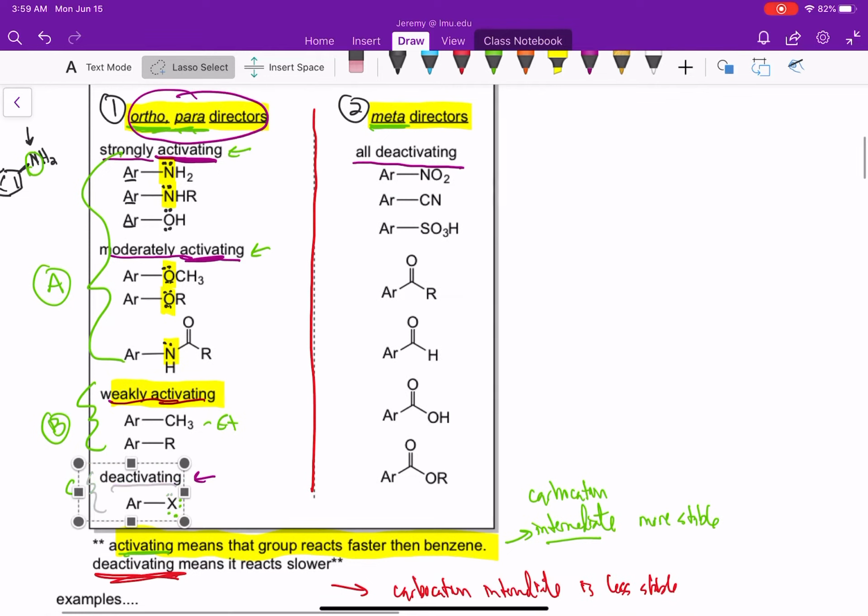On the right side, here we have our meta-directors. Okay? All of our meta-directors, they are all deactivating. They react slower than benzene, okay? So our first example here, we have a nitro group, Ar-NO2, so that's a benzene ring directly attached to an NO2 group.